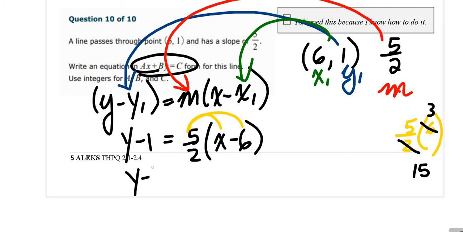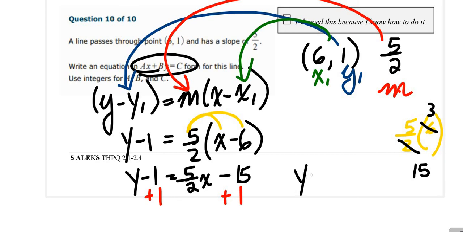So I have y minus 1 equals 5 over 2x minus 15. I add one to both sides, and I get y equals 5 over 2x minus 14.